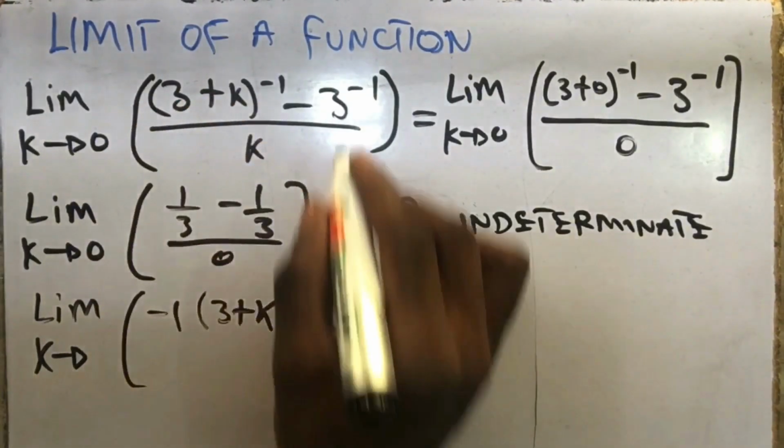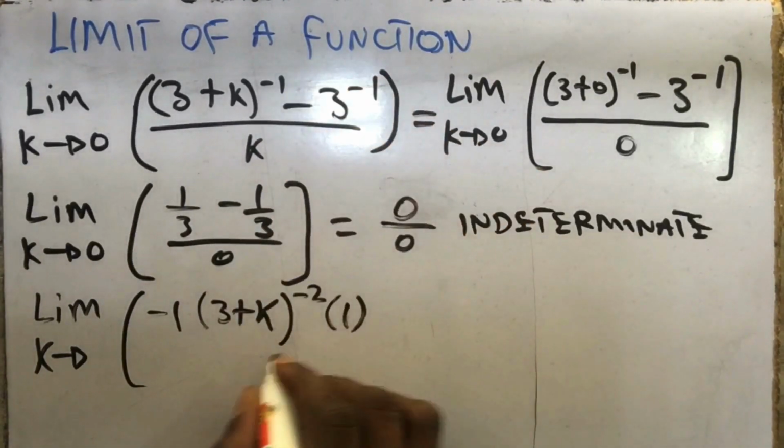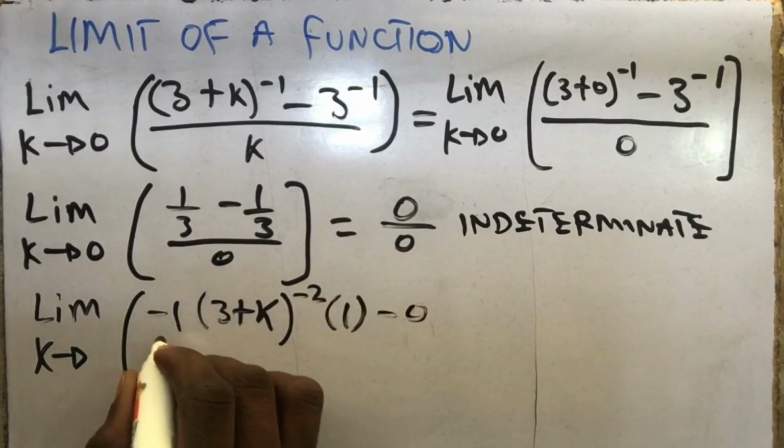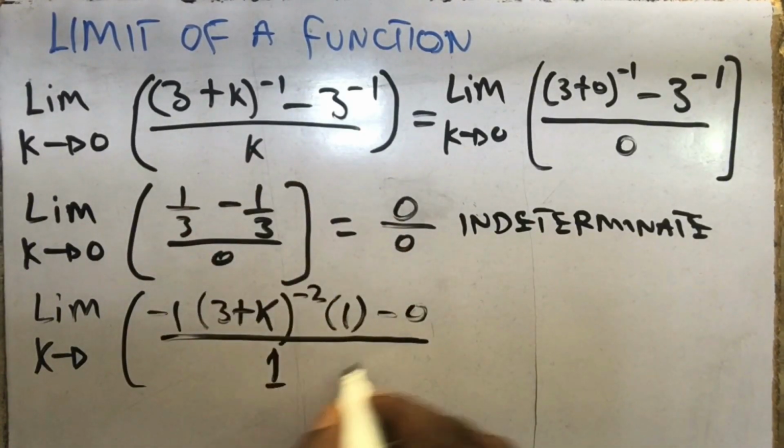Differentiating 3 raised to the power minus 1, which is a constant, gives us 0, so there is no need to write it, but let's just do that. Differentiating k gives us 1.